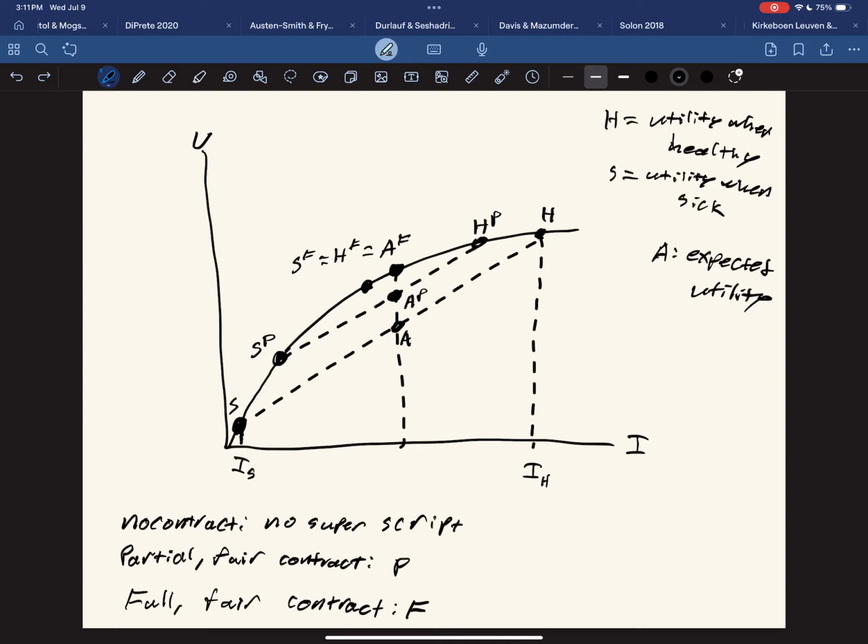An insurance company can insure 100,000 people, and if you have 100,000 people, your expected profit is pretty similar to your actual profit.